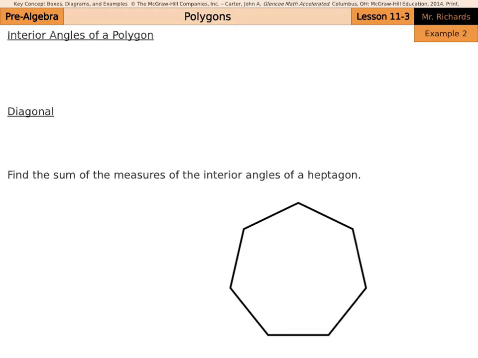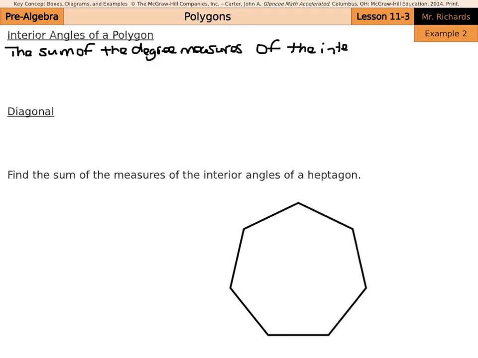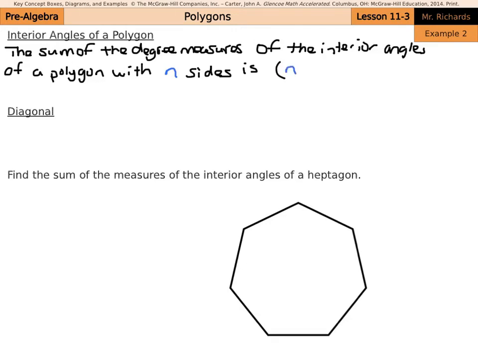And what we can say in words is that the sum of the degree measures of the interior angles of a polygon with n sides is (n minus 2) multiplied by 180.